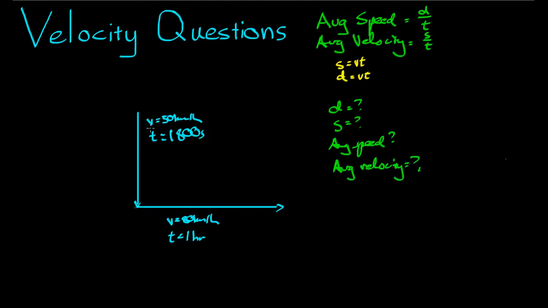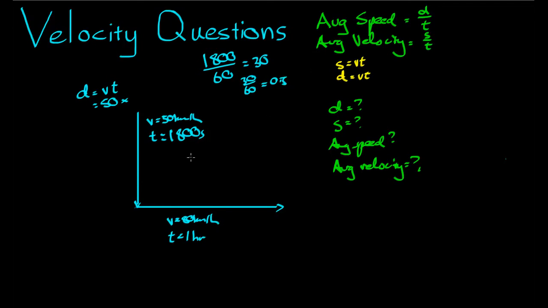Okay, total distance. What is the distance travelled in the first leg there? Well, distance equals velocity times time, which is equal to 50 times, 1800 is in seconds. We want it in hours, so we say 1800 divided by 60. That gives us minutes, 30 minutes. And then minutes divided by 60 gives us hours.